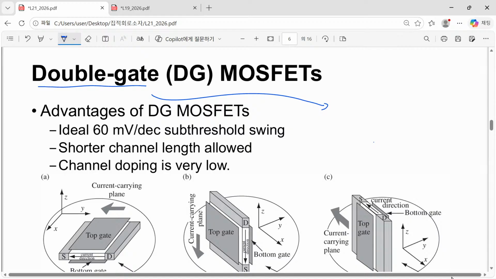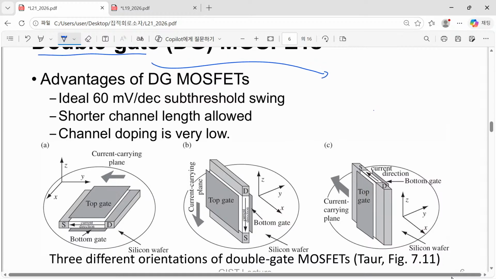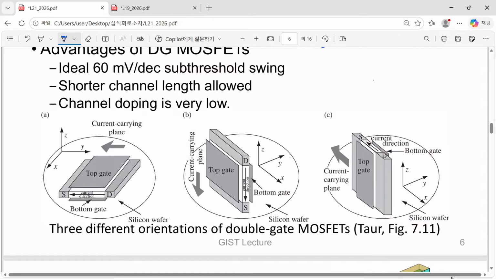Actually, even physically, they are merged into one part. Here you can see three different possibilities for a double gate MOSFET. Although it is shown in our textbook, it was initially published in a research paper by another author, but I just took it from the textbook.